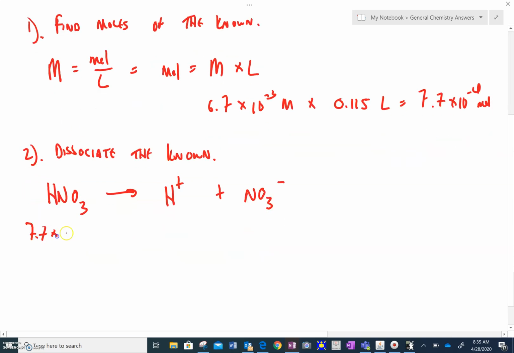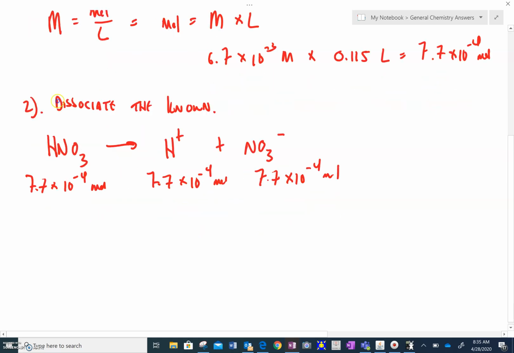We know we have 7.7 times 10 to the negative 4 moles of HNO3. How many moles of H plus is this? Well, there's no coefficients, there's no subscripts, so this is basically a 1. 7.7 times 10 to the negative 4 moles of H plus, and we're not worried about the NO3, but if someone was curious, you would tell them the exact same amount. We're not worried about that.